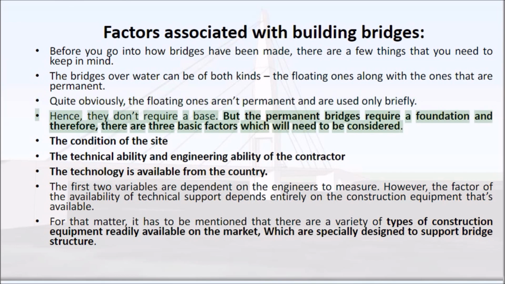Hence, they don't require a base. But permanent bridges require a foundation, and therefore there are three basic factors which need to be considered: the condition of the site, the technical and engineering ability of the contractor, and the technology available from the country.